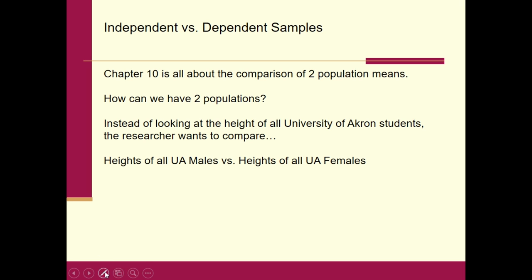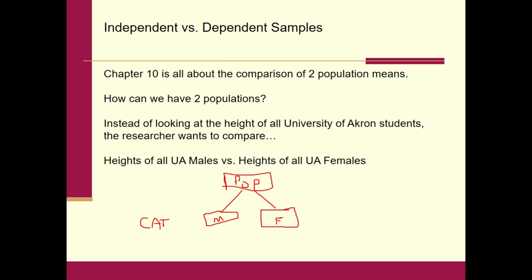In this situation, instead of looking at the entire population, which is all University of Akron students, the researcher decided that there was some sort of categorical variable out there, and you might call it gender or maybe sex. We have males and we have females, and the researcher wanted to take the different levels of the categorical variable and look at those different possible groups.